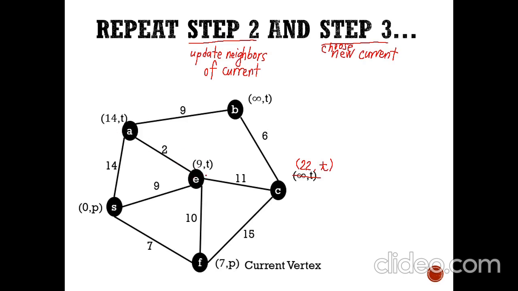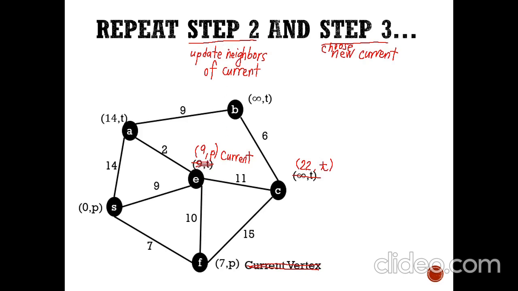So notice that among the temporary vertices, the one with the lowest is E. So according to step 3, this becomes permanent and this becomes current. So we can now erase the previous current and we have a new current vertex.